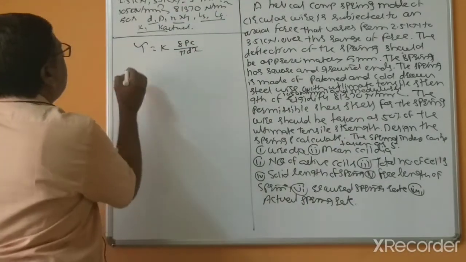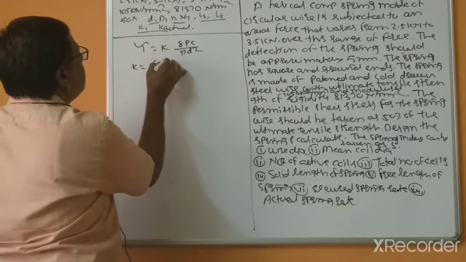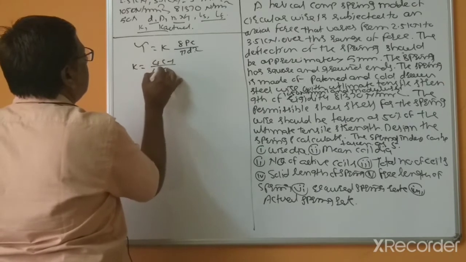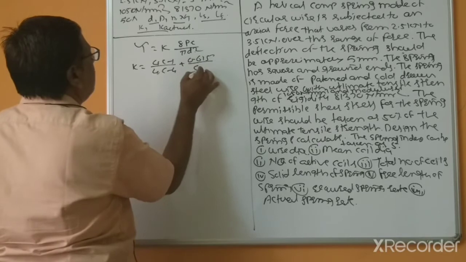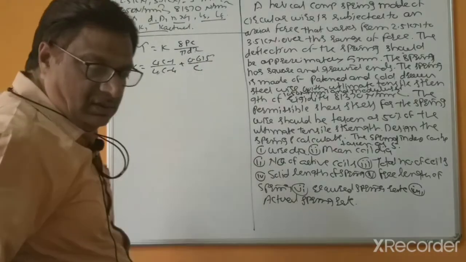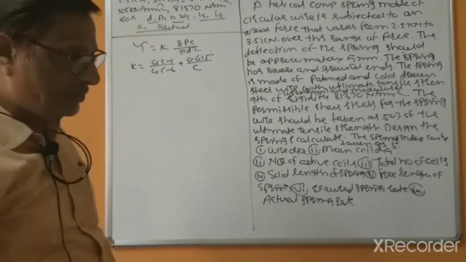So that's why K equal to (4C minus 1) divided by (4C minus 4) plus 0.615 divided by C. This C is 5.